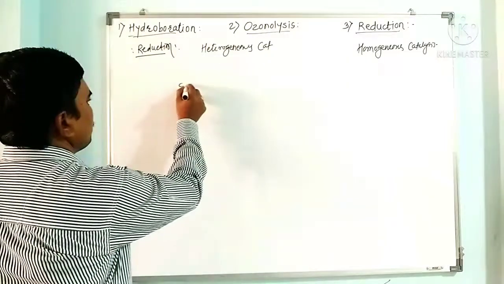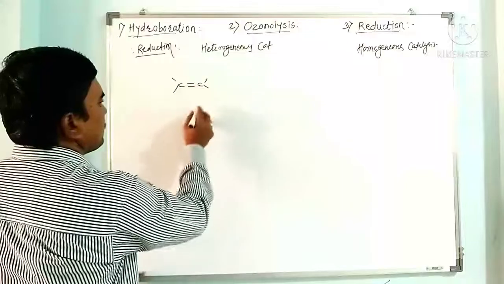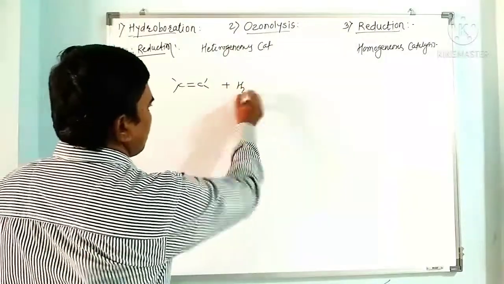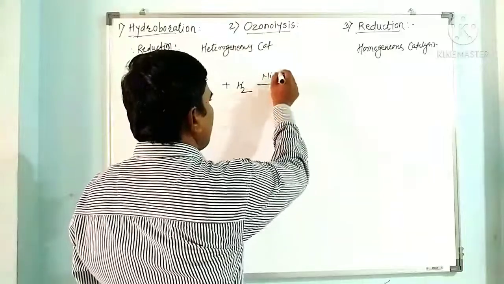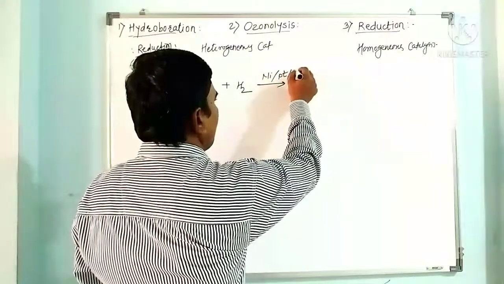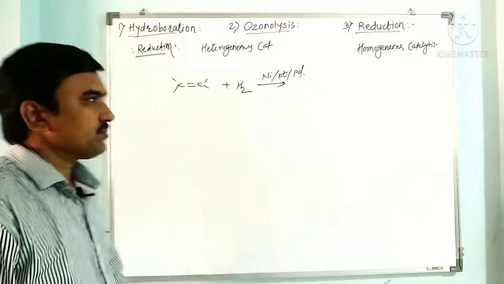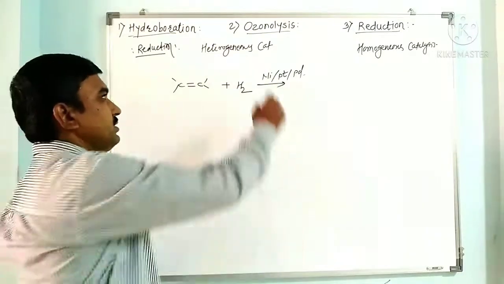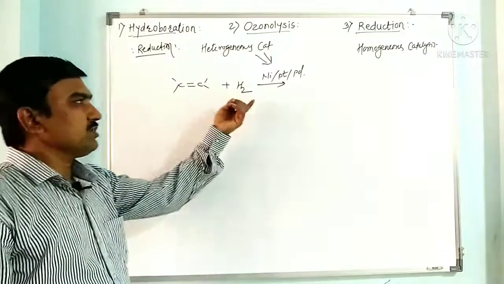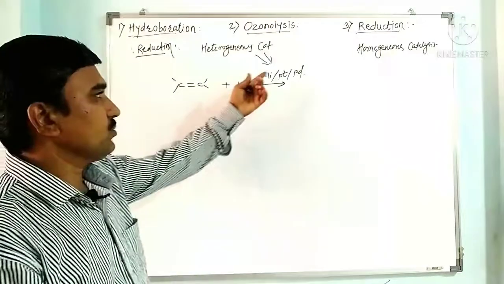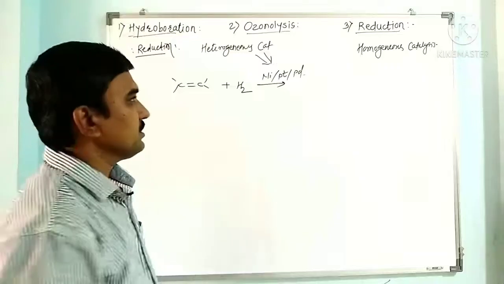So when an alkene reacts with hydrogen molecule in presence of nickel, platinum or palladium catalyst, these are all heterogeneous catalysis. In this heterogeneous catalysis, the hydrogen gas or hydrogen molecule adsorbs on the surface of the catalyst.